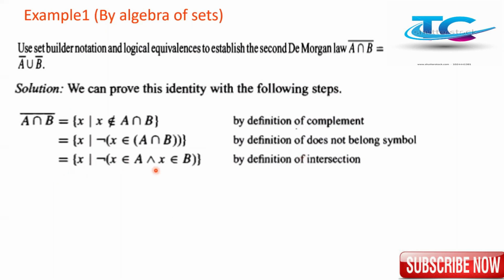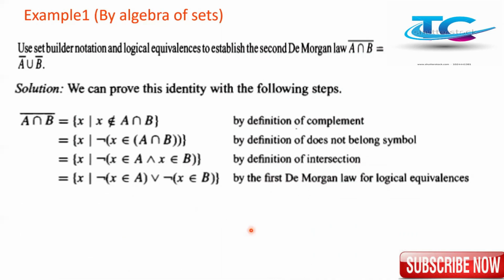Next, by definition of intersection, if X belongs to A intersection B, that means X belongs to A and X belongs to B. So this is an AND symbol. We write it like this by definition of intersection: X belongs to A and X belongs to B, and this whole thing is under negation.